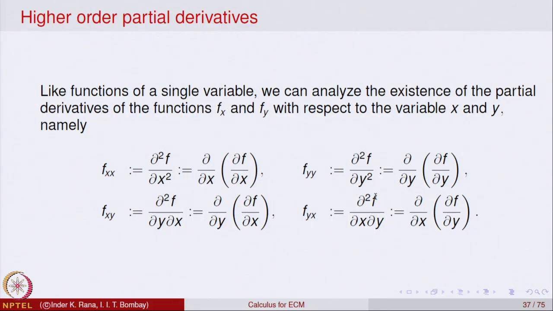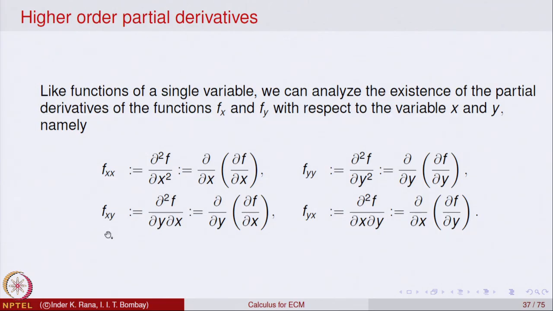That is the order: you take the partial derivative of f with respect to y first and then its partial derivative with respect to x. So there are 4 second order partial derivatives available for a function of 2 variables. All of them may not exist, some may exist, but these are the possibilities.